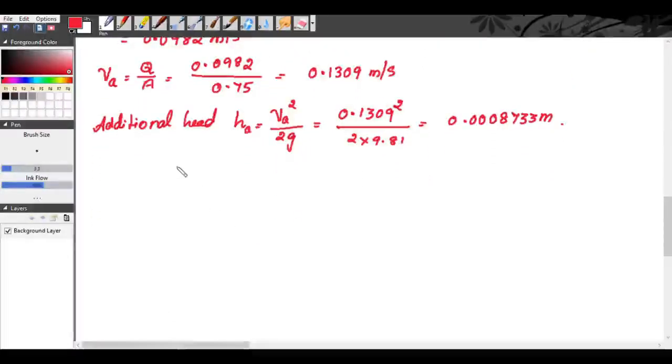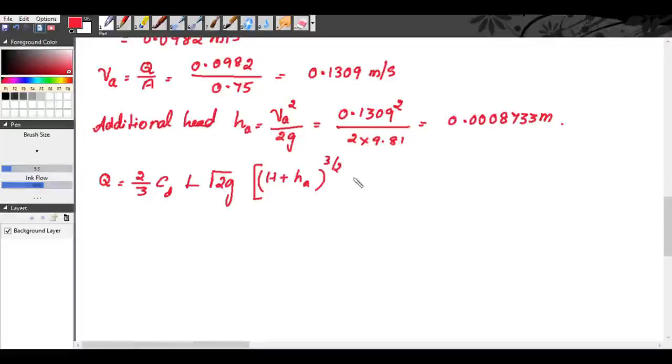So, we will use this formula. Discharge by considering the velocity of approach, we know Q is equal to 2 by 3 CD into L into root of 2G into H plus HA the whole raised to 3 by 2 minus HA raised to 3 by 2.